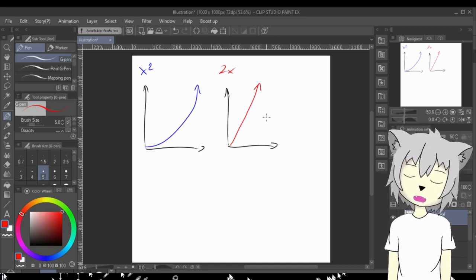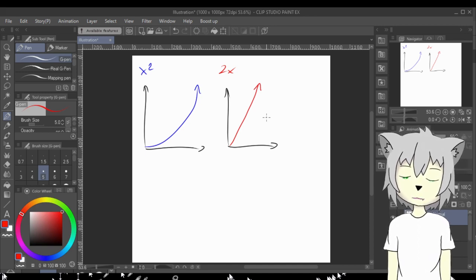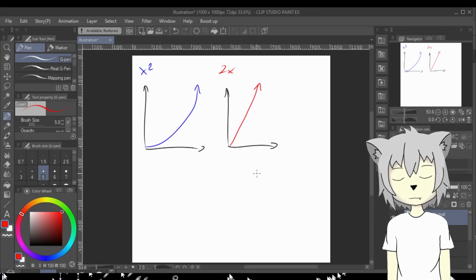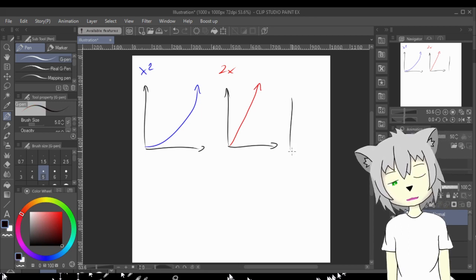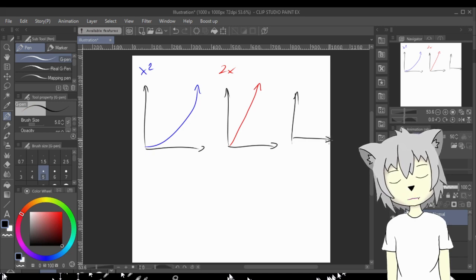That might be interesting for you to know, and that's basically another way people may be able to find derivatives.